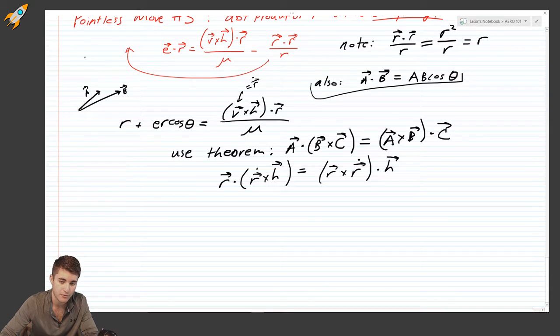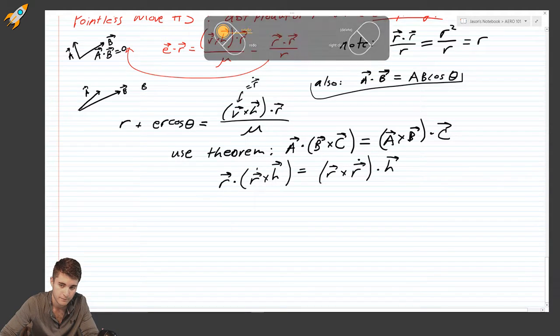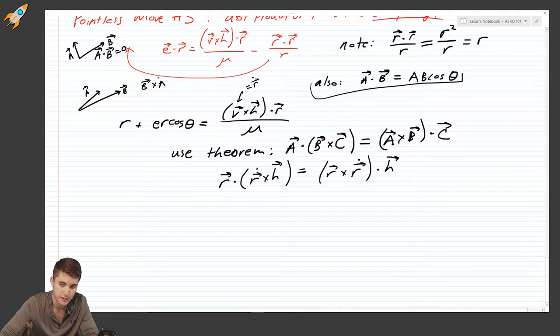So if you've got A going out like this, King Crab, and B perpendicular, then A dot B in this case is actually 0. However, with the cross product, if you take, for example, B cross A, you're rotating one vector along the other vector.